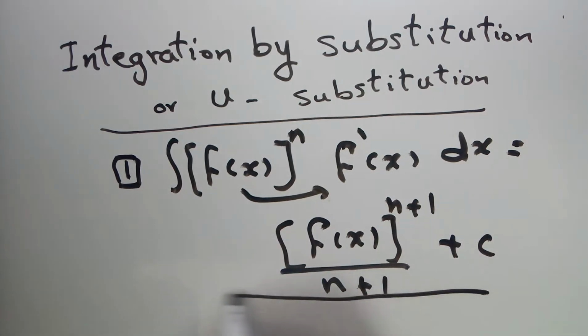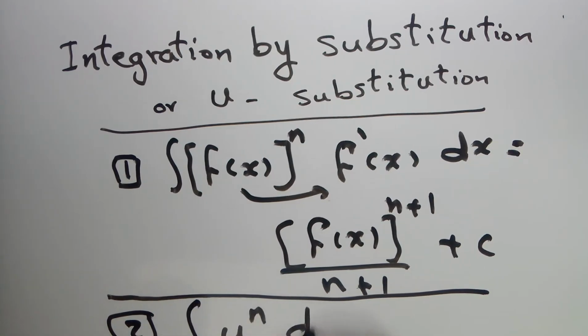I think this is the same as the power rule for u to the power n du. It is u to the power n plus 1 divided by n plus 1, plus c.